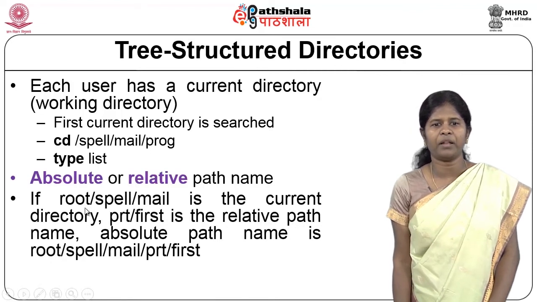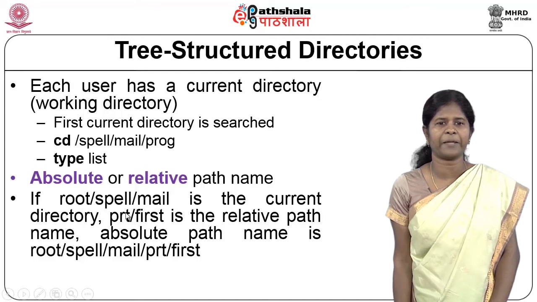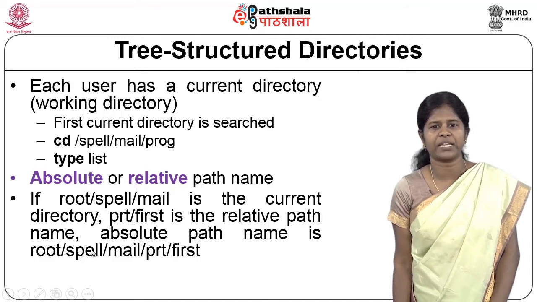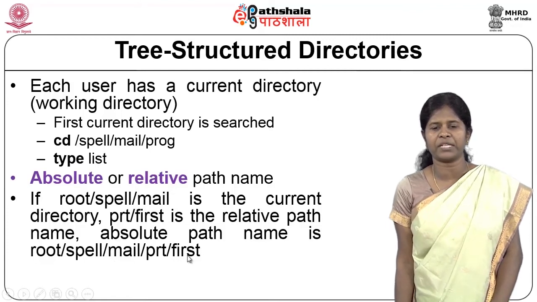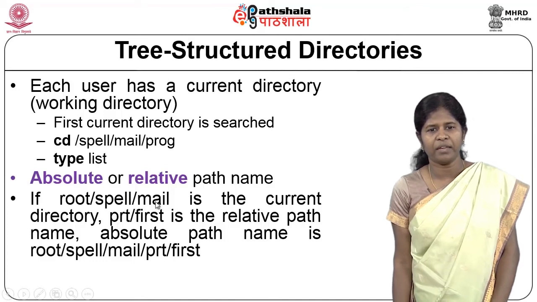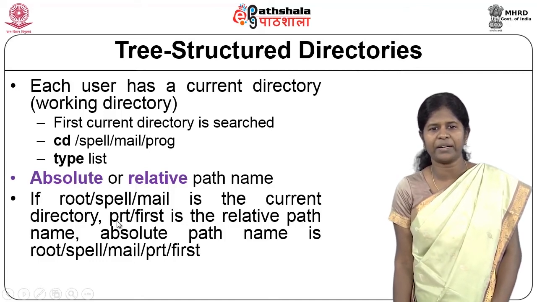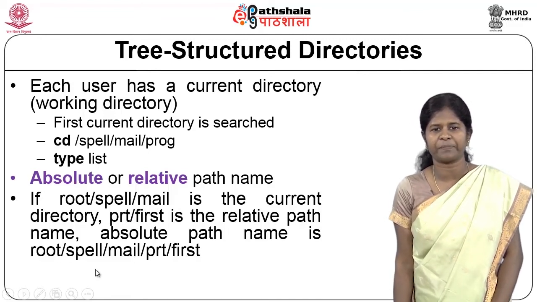For example, say root/spell/mail is the current directory, and prt/first is a relative path name. The absolute path name will be root/spell/mail/prt/first. See, here beneath the directory mail, you have a subdirectory called prt, and beneath that you have this file called first.